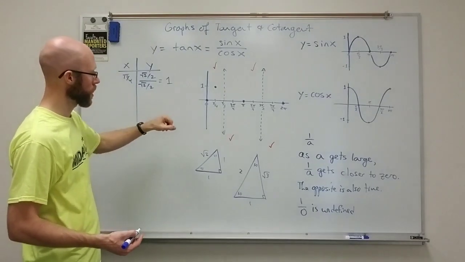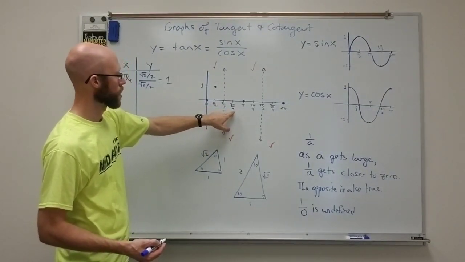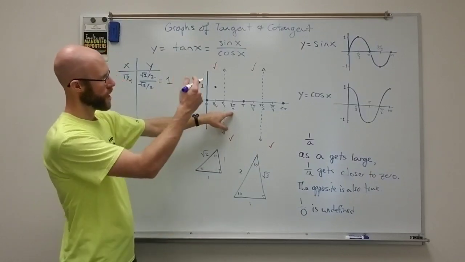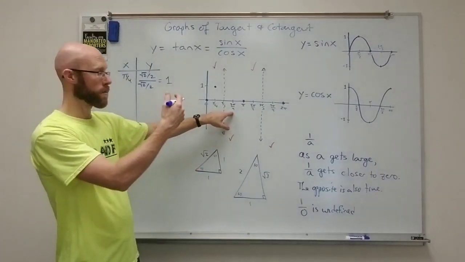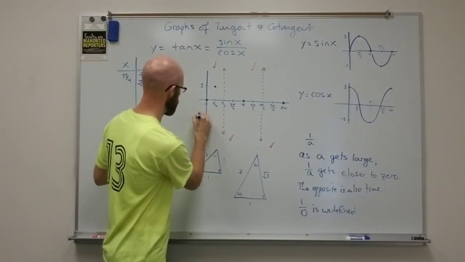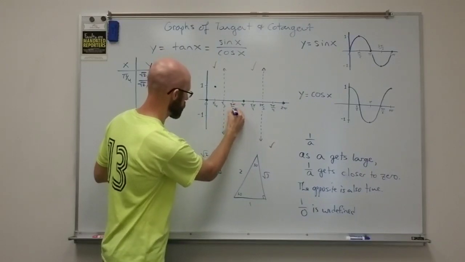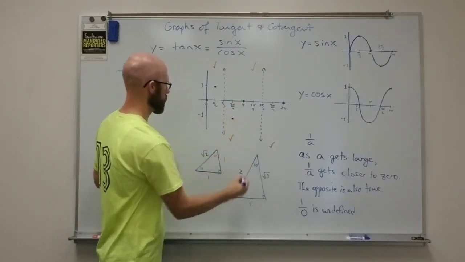So what you're going to end up with in the second quadrant here is a positive sine and a negative cosine, so you get a negative 1. Let's sketch in where negative 1 would go, and then we'll put a point right there.